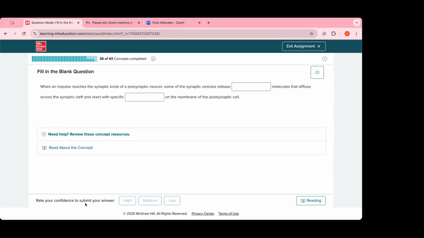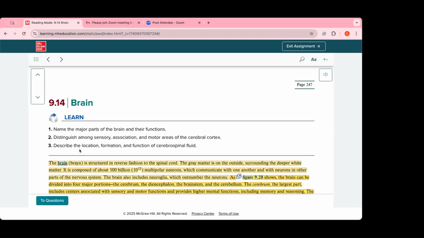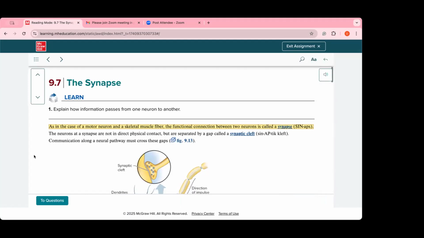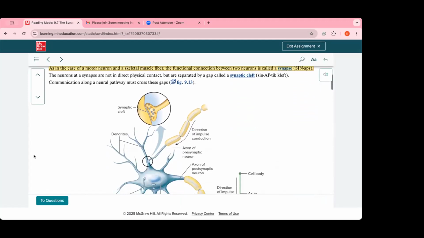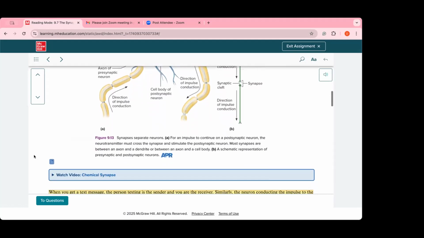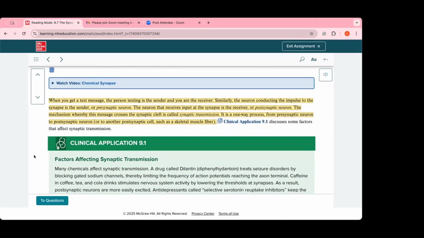Okay, let's read it because I don't know. They want specific words there. So when, keep going, it's underneath that.